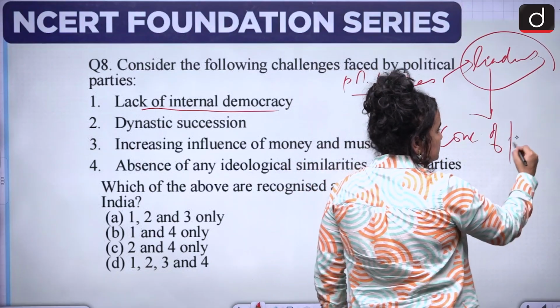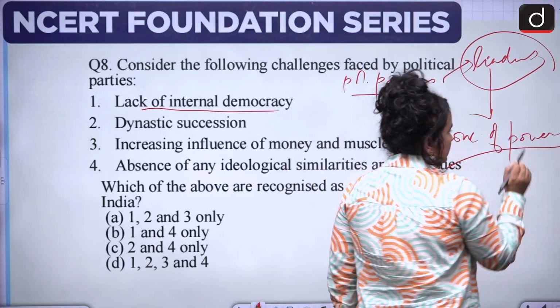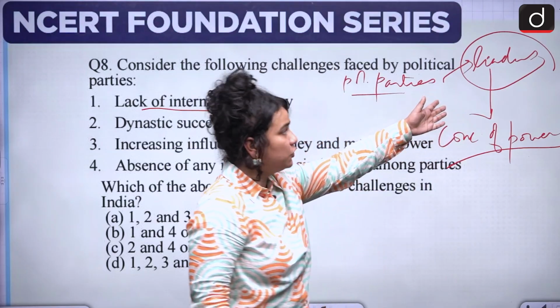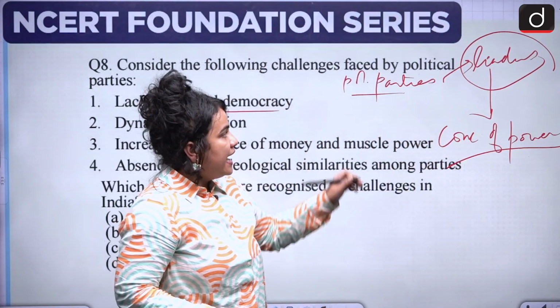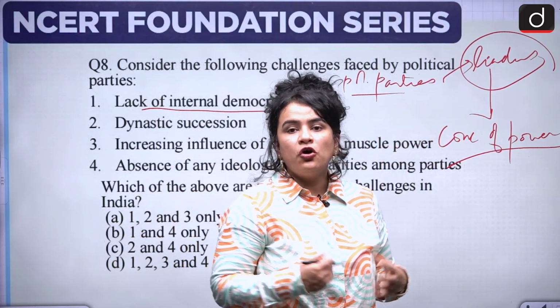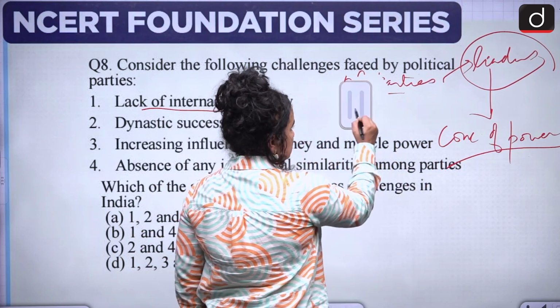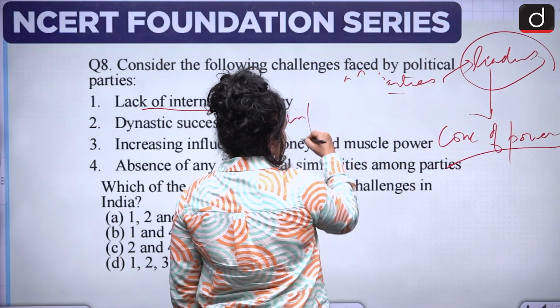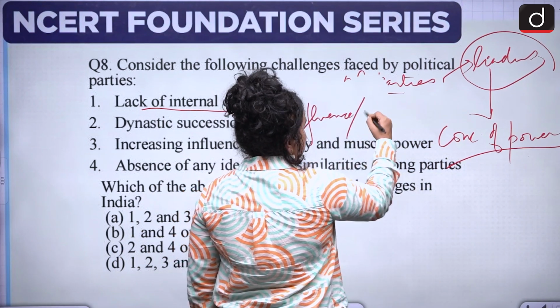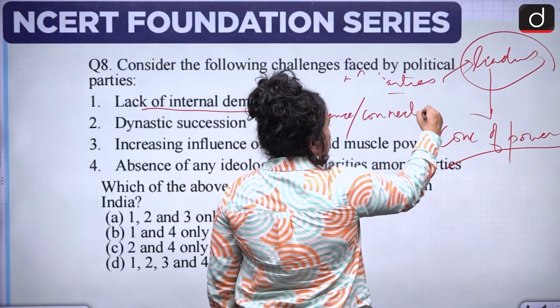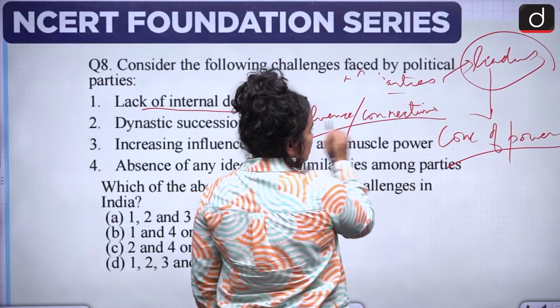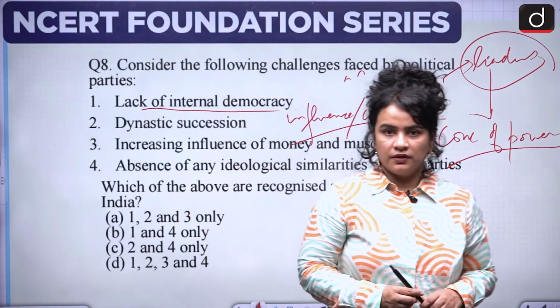So there is a concentration of power, which belongs to the top leadership, and the other members do not have either the influence or the connections to reach the top level. All right?